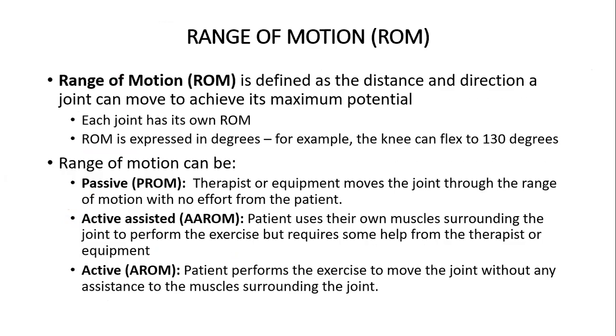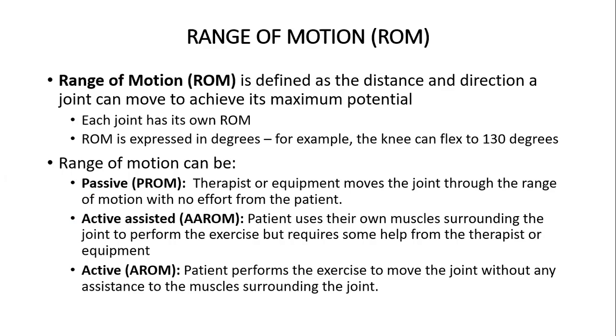So when we're talking about movement in physical therapy and as physical therapist assistants, we're talking about range of motion. If you see the letters ROM, it means range of motion. And range of motion is defined as the distance and direction a joint can move to achieve its maximum potential.